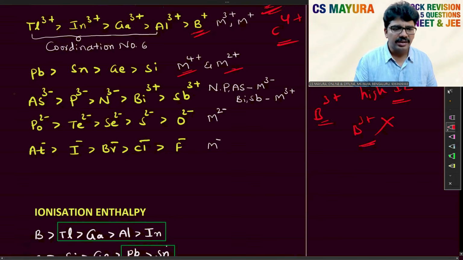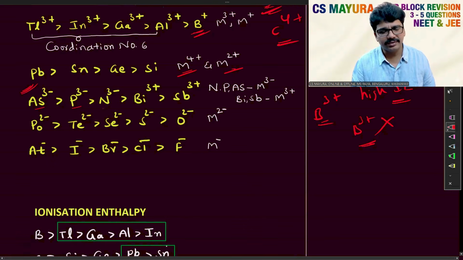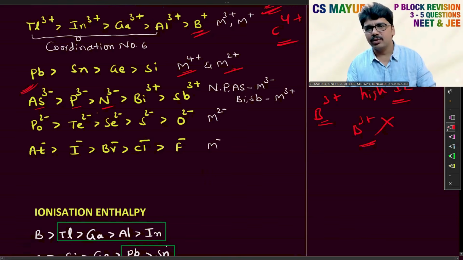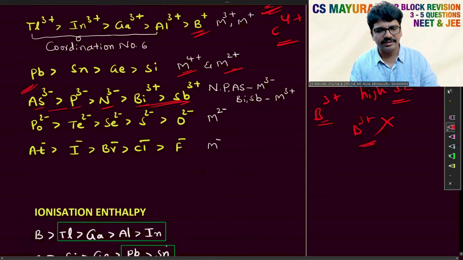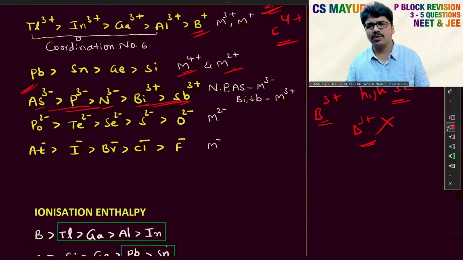no exception. In the 15th group, one very interesting point is arsenic, phosphorus, nitrogen. They have more electronegativity: nitrogen, phosphorus, arsenic. The first three elements' electronegativity is more, so the negative oxidation state: nitride, phosphide, arsenide. Bismuth, antimony, metallic nature is more, so we have to take their positive oxidation state. These are cations and these are anions. Whenever you compare anion size with cation, anion size is more.